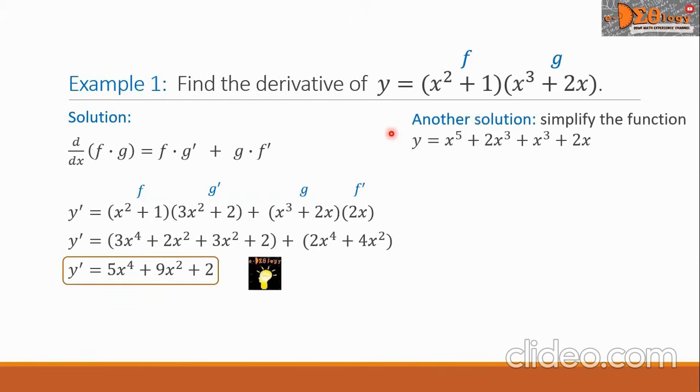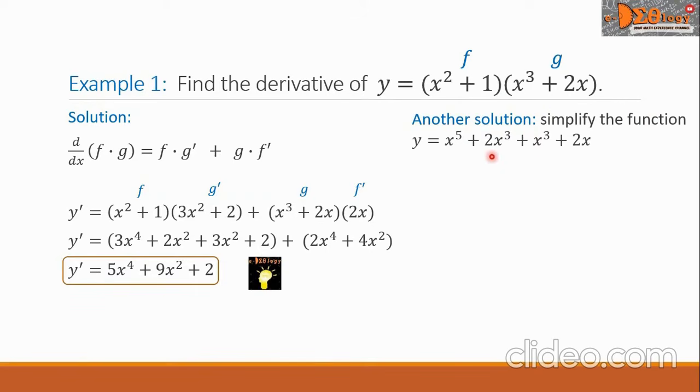We have another solution to consider, and that is to simplify the function first. We will get the product of this function, so we have now y equals x raised to 5 plus 2x cubed plus x cubed plus 2x.